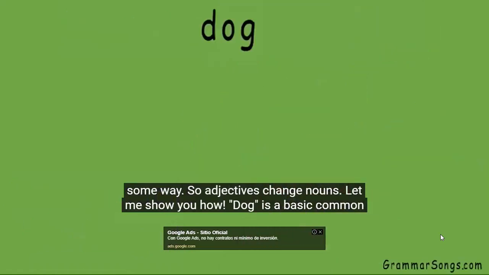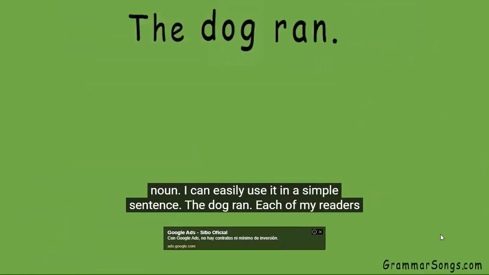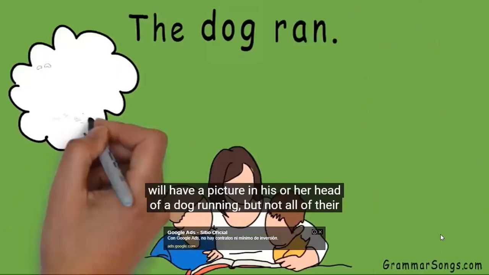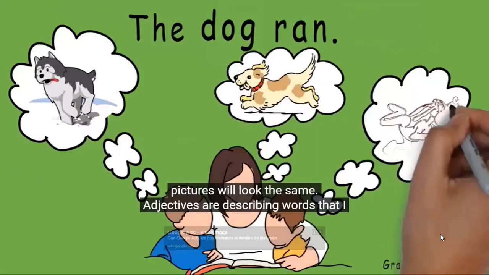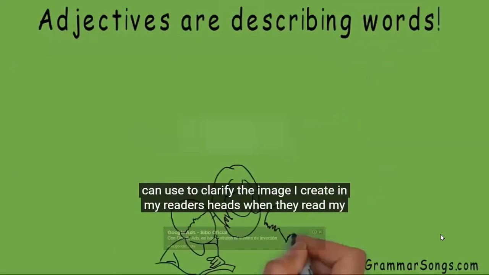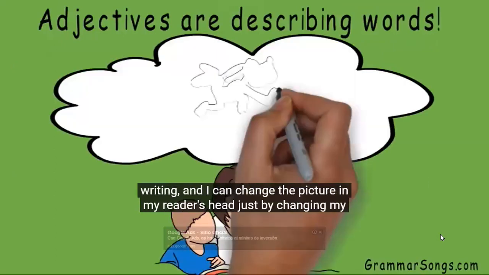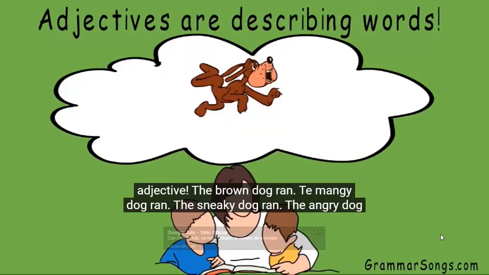Dog is a basic common noun. I can easily use it in a simple sentence. The dog ran. Each of my readers will have a picture in his or her head of a dog running, but not all of their pictures will look the same. Adjectives are describing words that I can use to clarify the image I create in my readers' heads when they read my writing. And I can change the picture in my reader's head just by changing my adjective.